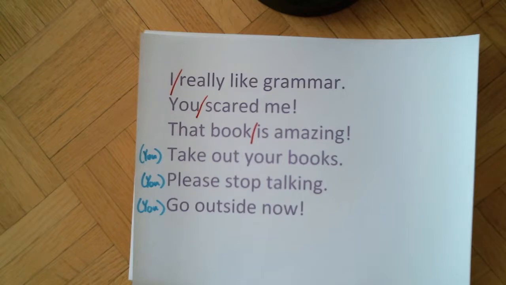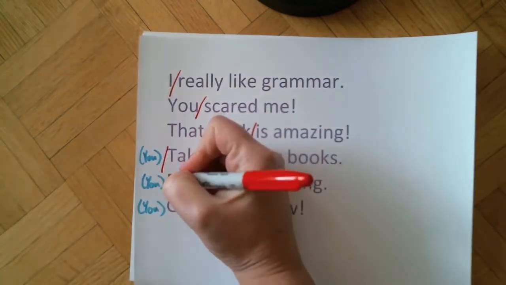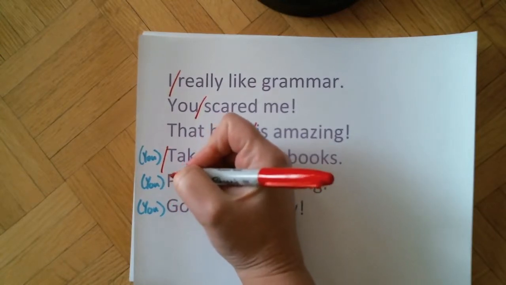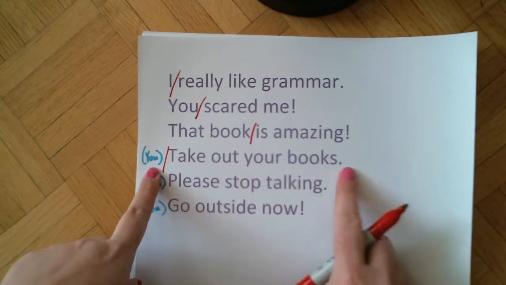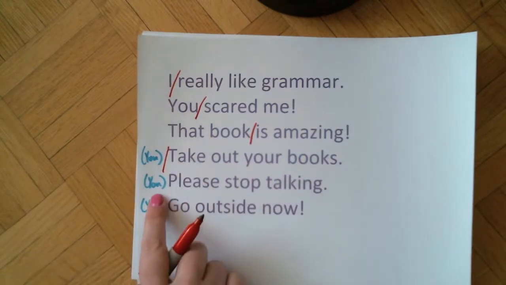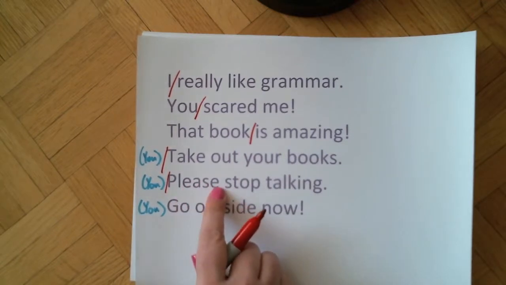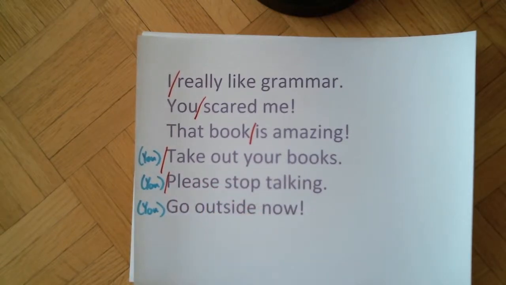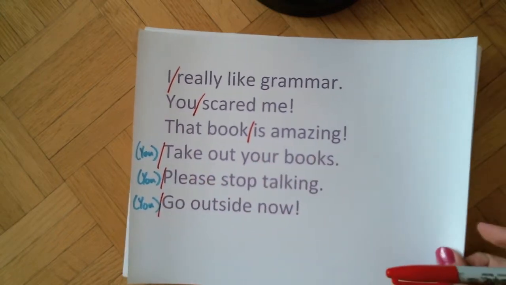Now that means I'm starting with the verb here, take. And so my subject predicate split is right here. You is subject, take out your books is predicate. And same thing here, you please stop talking, where again, notice that please is not technically a verb there. You go outside now. Again, subject, predicate.